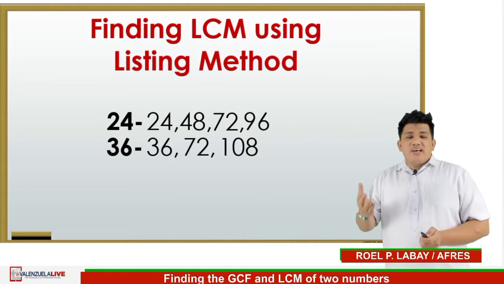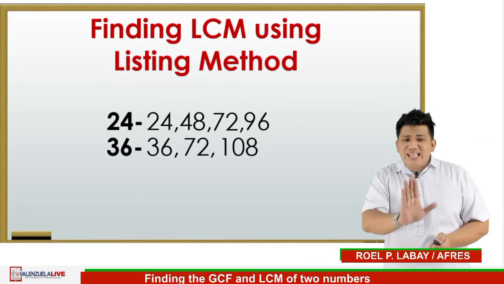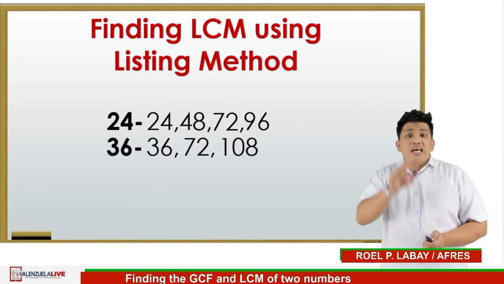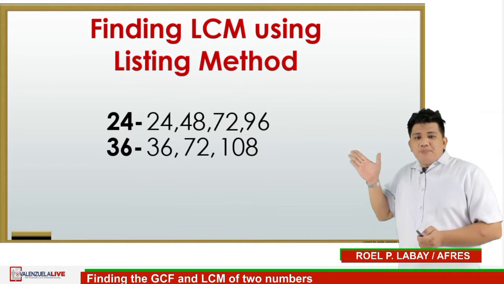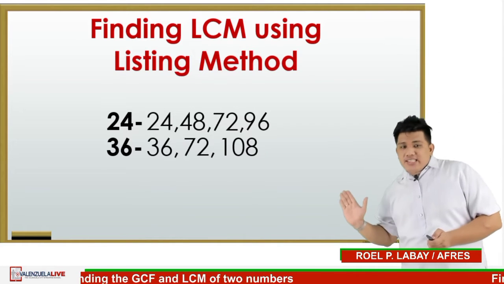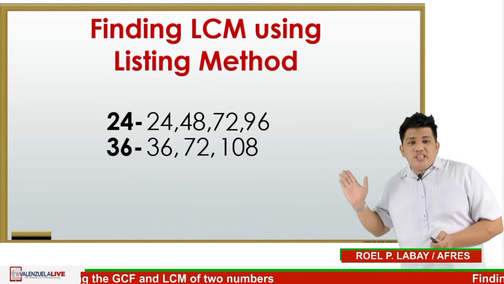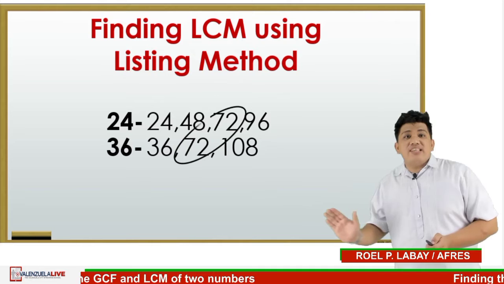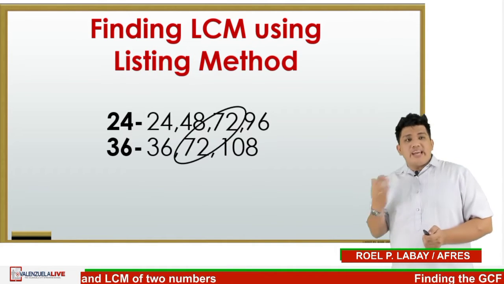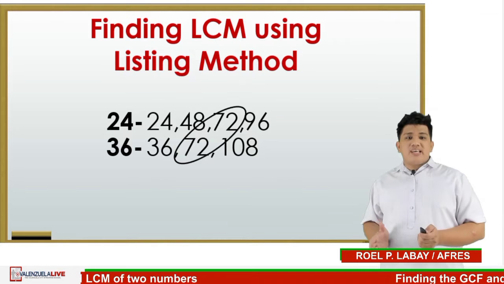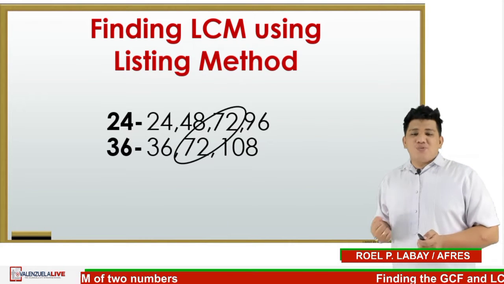Take note that you will not stop listing the multiples of two numbers until you find a common multiple. In the multiples of 24 and 36, the least common multiple is 72. Therefore, the LCM of 24 and 36 is 72.